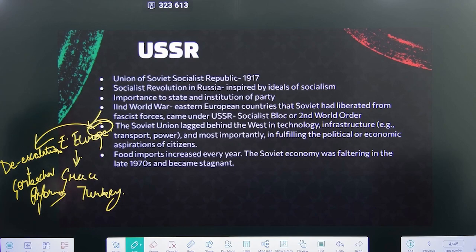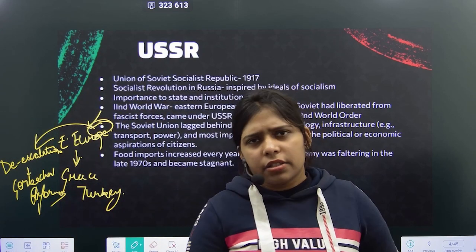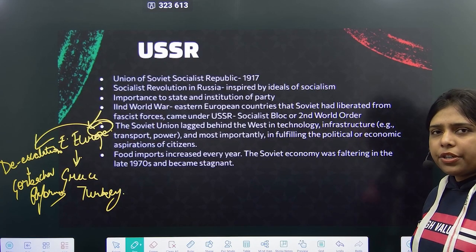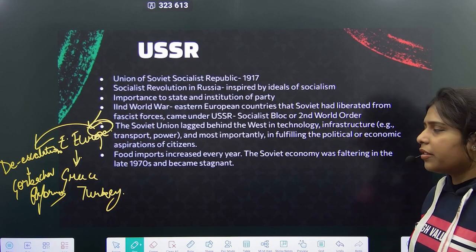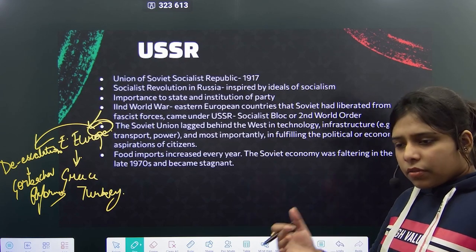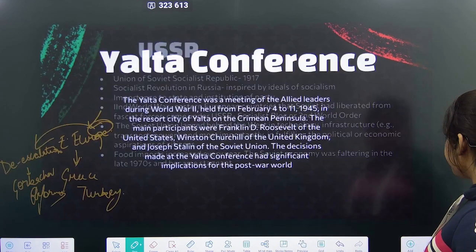The Soviet economy was faltering in the late 1970s and became stagnant. So partly you got a hint of why the Soviet declined, what led to the breaking of the Soviet into so many countries, and what led to the emergence of Russia. This you've got over here. But we'll see the build-up of all these events step by step.